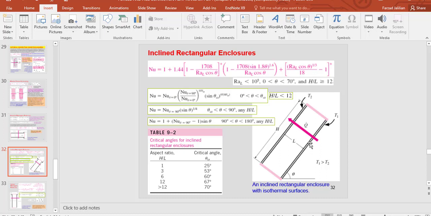So for an inclined rectangular enclosure with a characteristic length like this, which has a tilt angle theta, as you can see here, we can calculate the Nusselt number by this equation. In this equation we have the Rayleigh number, which you should calculate by the equation I showed you.